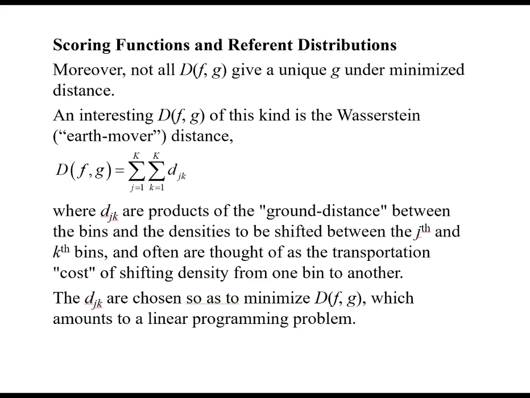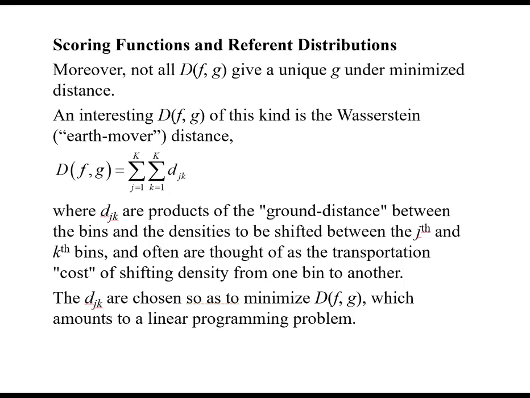Moreover, not all distance functions give a unique G when we minimize distance. And an interesting example of this is the Wasserstein metric, or the so-called Earth mover distance. So this distance function is a sum of products of the ground distance between the bins, so the absolute value of j minus k in this case, multiplied by the densities that are to be shifted from one bin to the other, say from the jth bin to the kth bin.